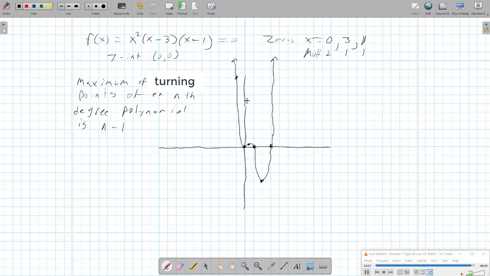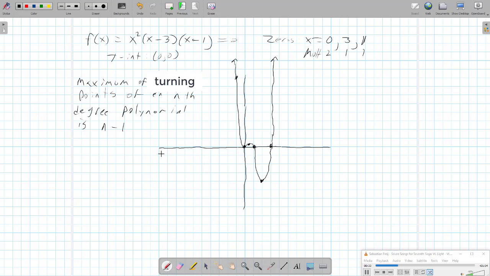So note, in our case, we had a 4th degree polynomial and it turned 1, 2, 3 times. N minus 1 is 3 times.